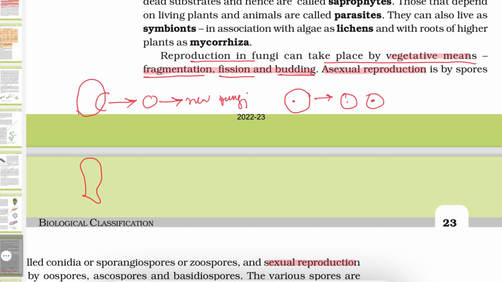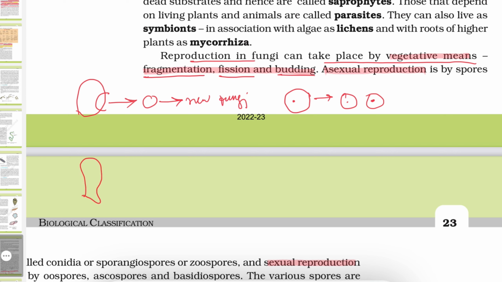These are the spores by which fungi perform asexual reproduction, and sexual reproduction is by oospores, ascospores, and basidiospores. You can remember it by BAO, bow. B for basidiospores, A for ascospores, and O for the oospores.